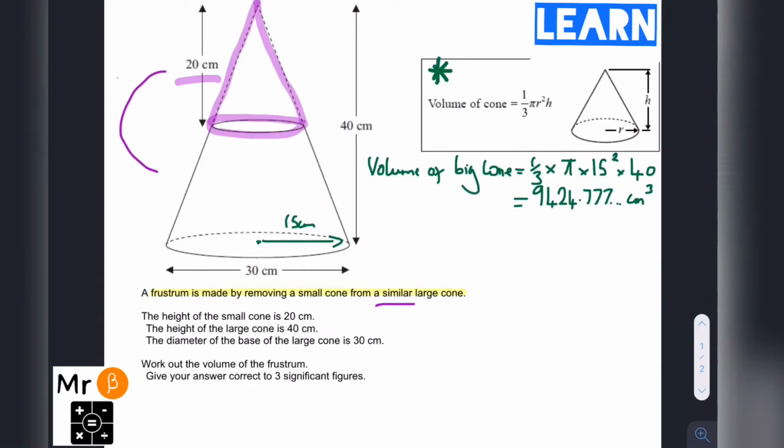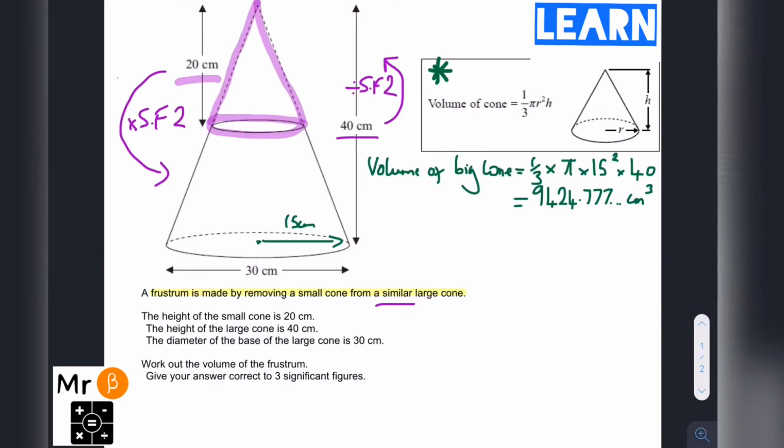This has then been multiplied by a scale factor of 2 to get your new height of 40, because 20 times 2 is 40. And in order to reverse that process, we must be dividing by a scale factor of 2. So to go from our large cone to our small cone, we divide by 2.